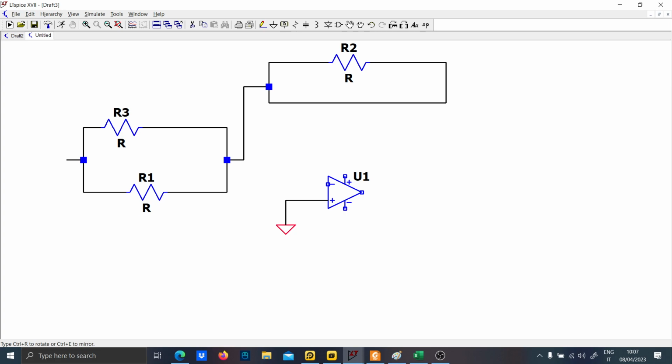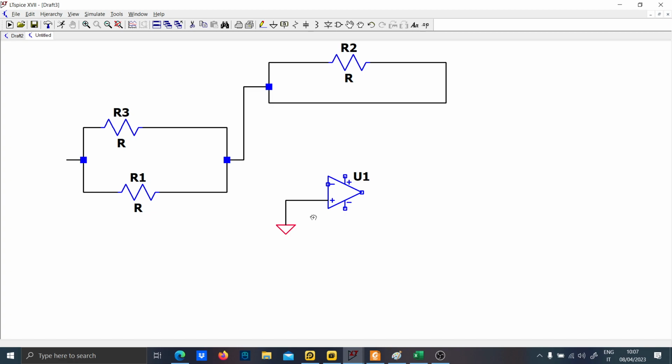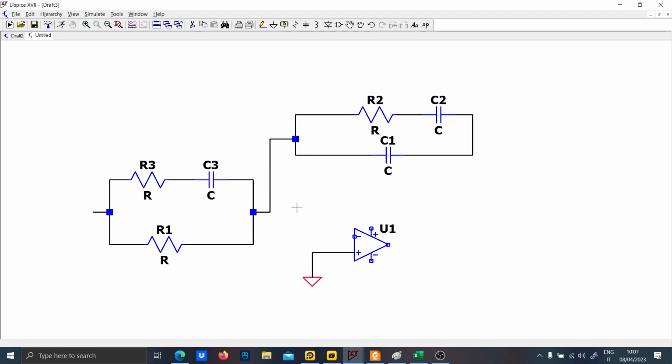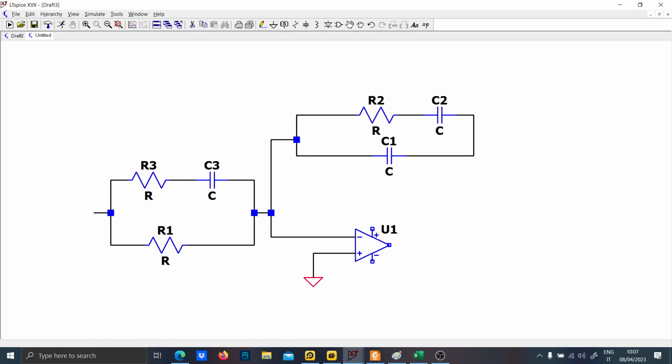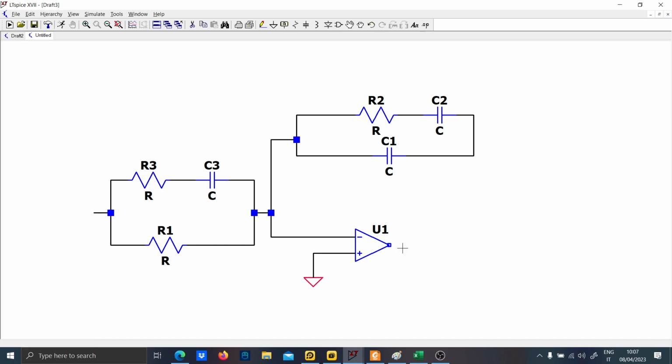And R3 goes with C3. So the first capacitor is C1 here, and C2 with R2, and C3 with R3. And you put in the minus. By the way, you can even use just universal op-amp 2, since this is just a transfer function.